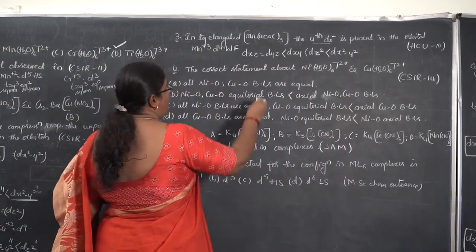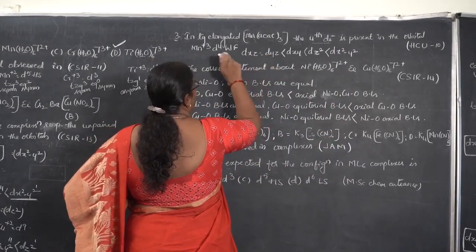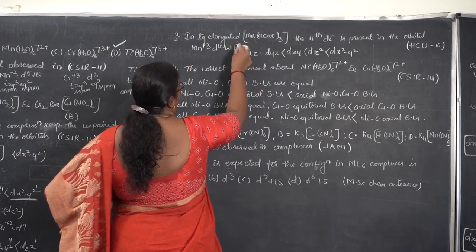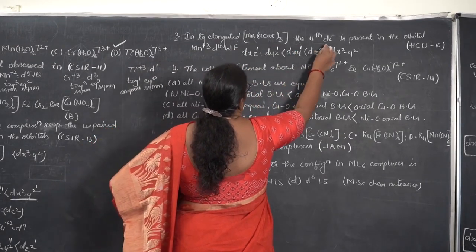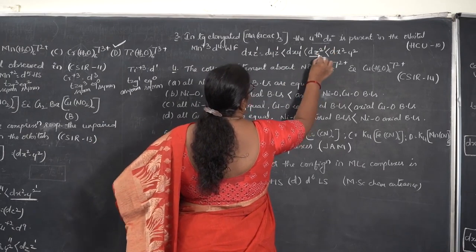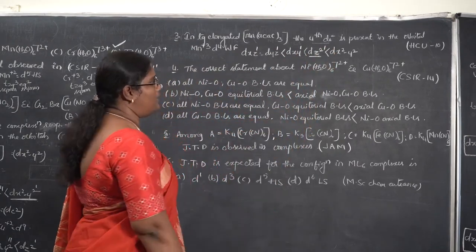Fourth electron. So write the configuration for 4 electrons, d4 weak field. So I should arrange 1 electron each in the orbitals. So the fourth electron is present in dz square.